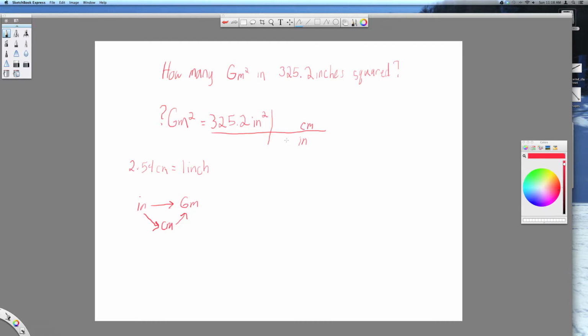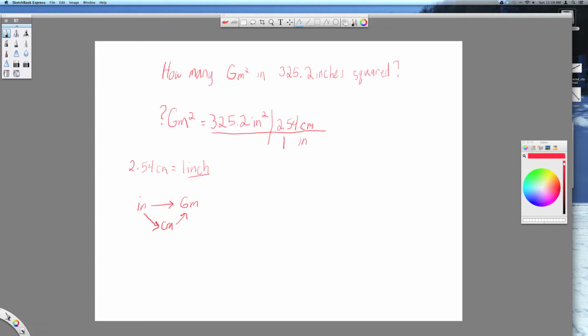What numbers do I put next to the units? Well, inches, I have a 1 there. 1 inch equals 2.54 centimeters. Again, I'm ignoring the exponents. We're going to come back and address those in a second. So we can't cancel anything out yet because we have inches squared and we have inches. So we can't touch that.